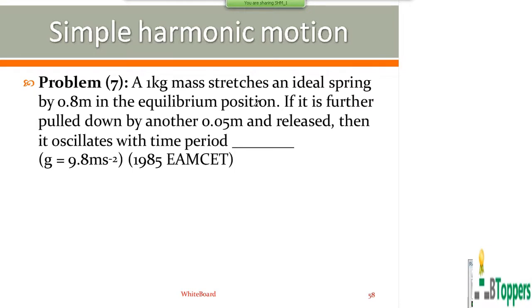A 1 kg mass stretches an ideal spring by 0.8 meters in the equilibrium position. It is further pulled down by another 0.05 meter and released. Then it oscillates with a time period equal to dash. The acceleration due to gravity is given as 9.8 meter per second square.